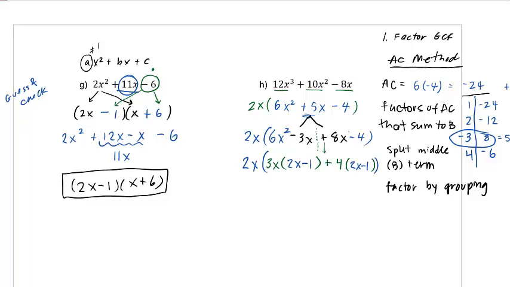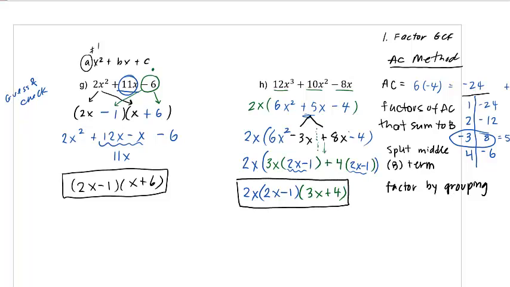To finish up my factor by grouping, I notice that 2x minus 1 shows up in both of those terms, so I can factor it out. And then I multiply by the leftovers, so that we had 3x and positive 4. And I bring down my GCF, which I factored out at the very beginning. So here I have factored this trinomial using the AC method.